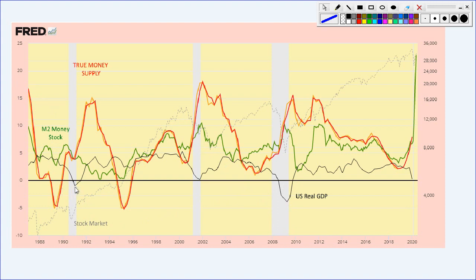Now here we had the 1991 recession. Here we had, I think, the Mexican peso crisis. Here we had the 2002 recession. This is also when the Nasdaq sell-off destroyed capital, so the Fed took money out of the supply and obviously destroyed that trend.